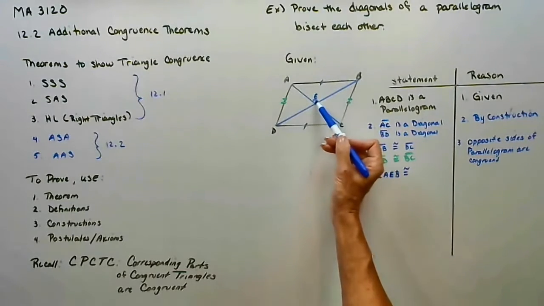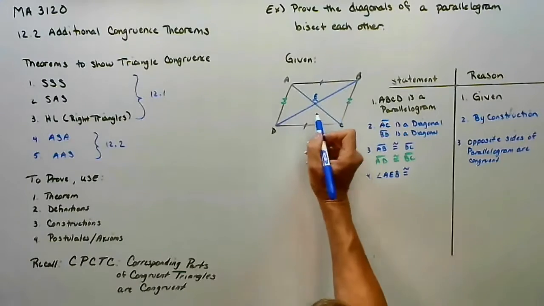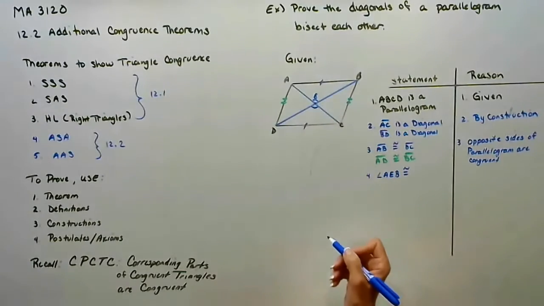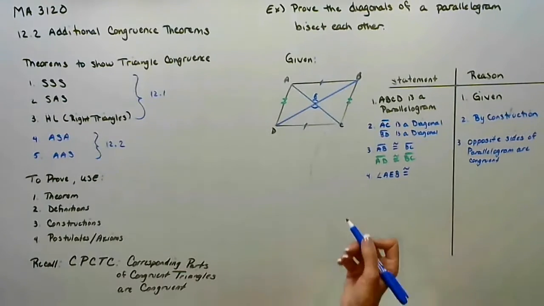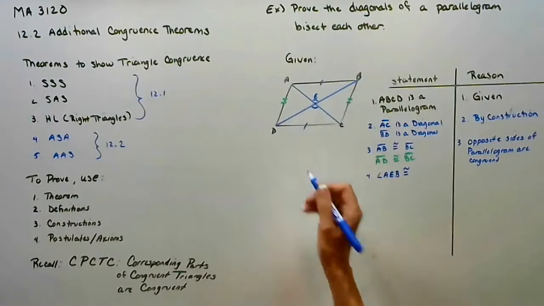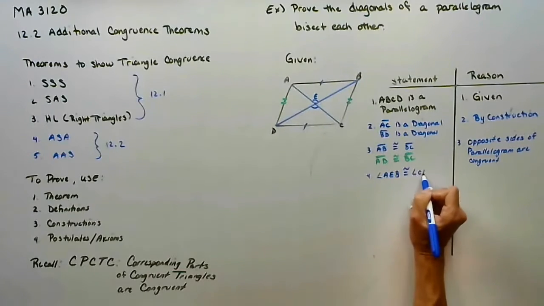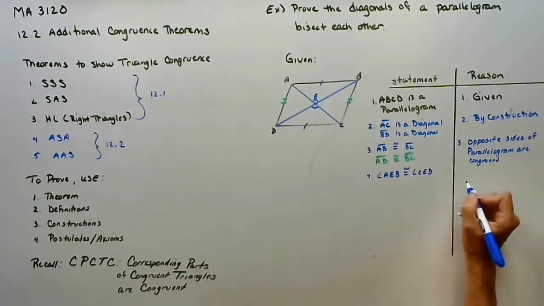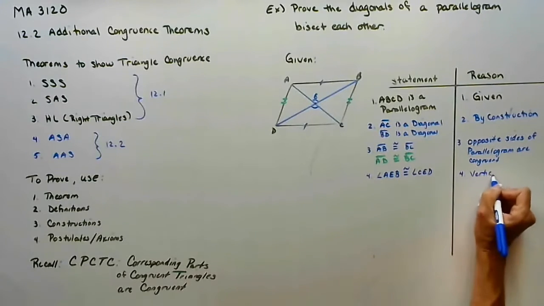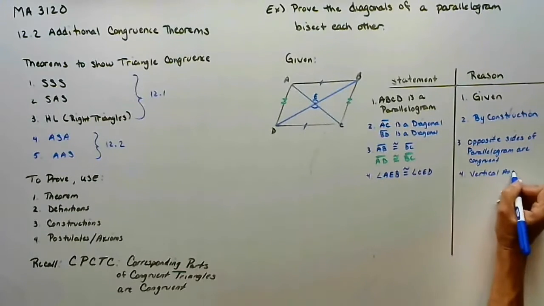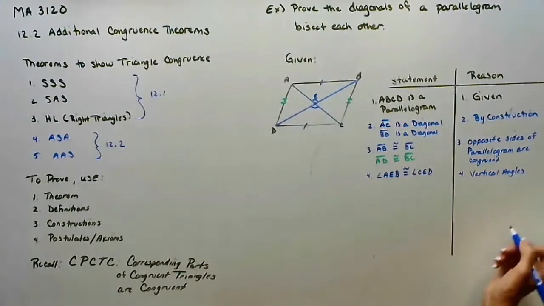Well, we know it's congruent to its vertical or opposite angle. So AEB would be congruent to CED, because these are vertical angles or opposite angles. All right, vertical angles are congruent.